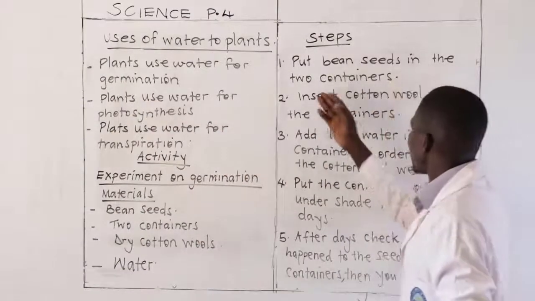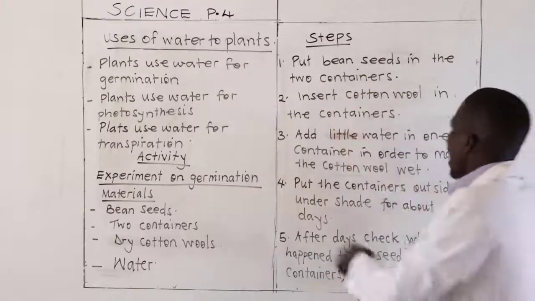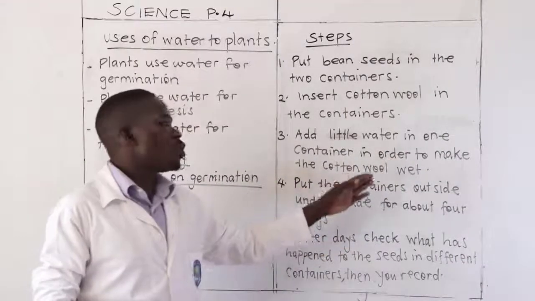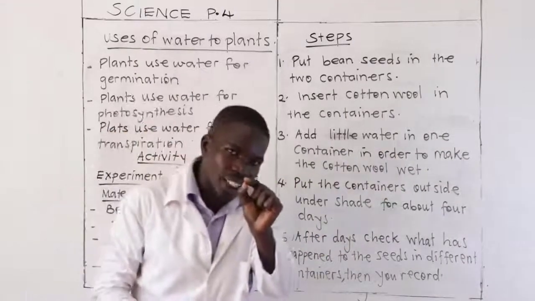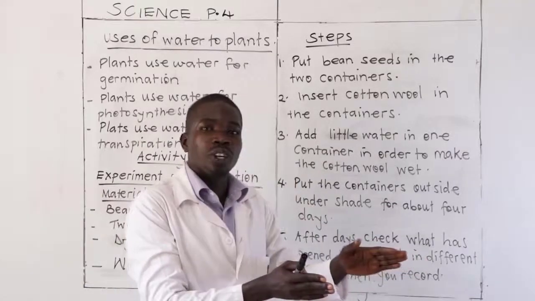Put beans in the two containers, insert cotton wool in the containers, add a little water in one container in order to make the cotton wool wet, just in one container. In the other container, put beans with the dry cotton wool.